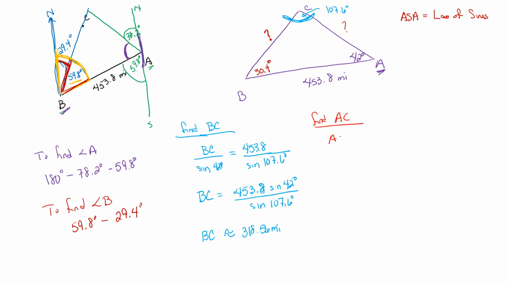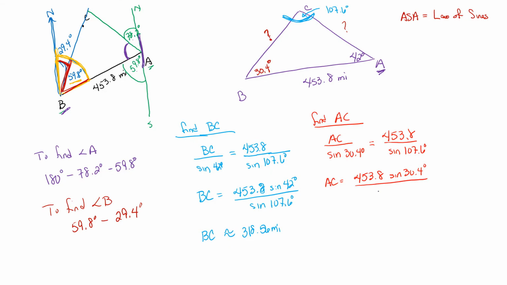Okay, so A to C is going to be divided by the sine of the angle opposite, which is 30.4 degrees. And again, it's going to equal the 453.8 over the sine of 107.6 degrees. Do your algebra, move over that sine of 30.4 degrees.